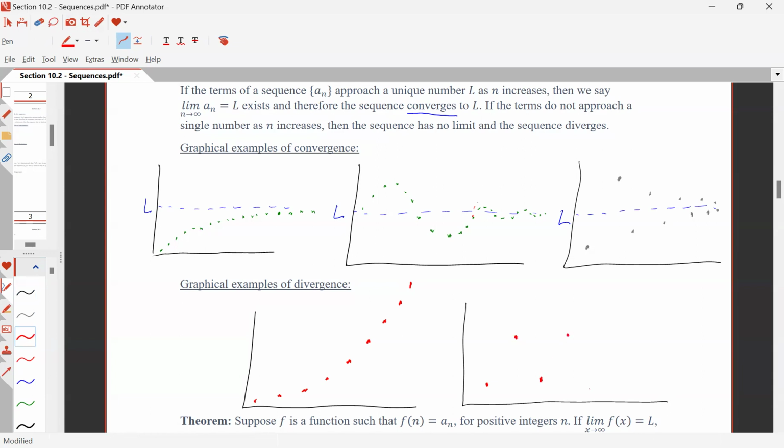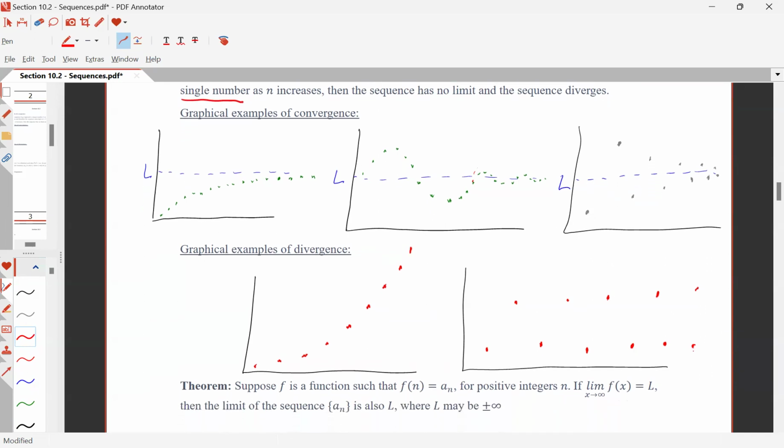It just bounces back and forth between one value or between two values, three values, however many values, but never settles in on one unique single number. So there are some examples of what convergence and divergence would look like on a graph.